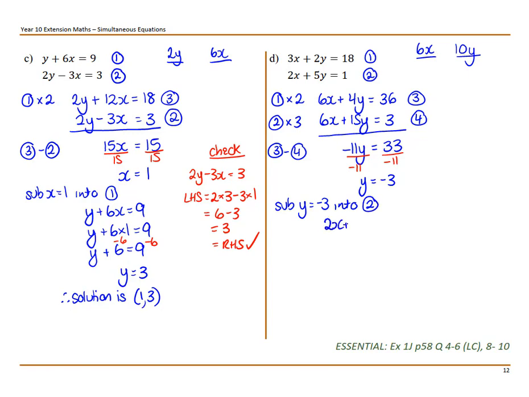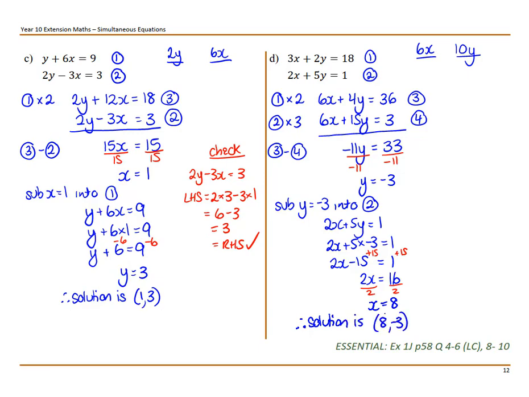So I've got 2x plus 5y equals 1. 2x plus 5 times negative 3 equals 1. 2x take 15 equals 1. Add 15 to both sides. 2x equals 16. Divide both sides by 2. x equals 8. So therefore, the solution is 8 and negative 3.